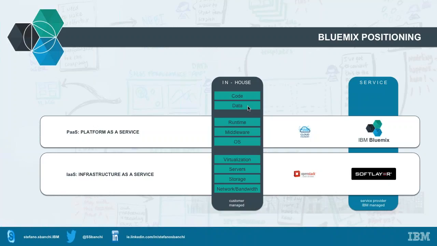In terms of the IBM offer, the organization can use SoftLayer for the infrastructure, or Bluemix that is on top of SoftLayer for the platform. So the infrastructure as a service, the virtual machines, the virtualized hardware, is the infrastructure as a service offering from IBM, and Bluemix is the platform as a service offering from IBM that is on top of SoftLayer.